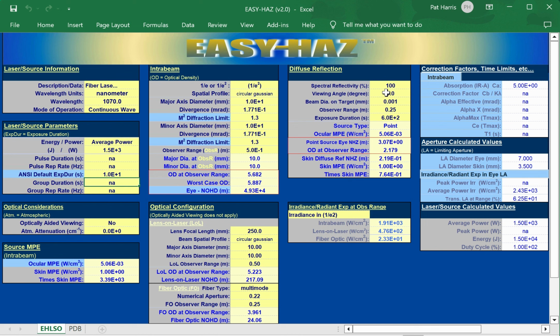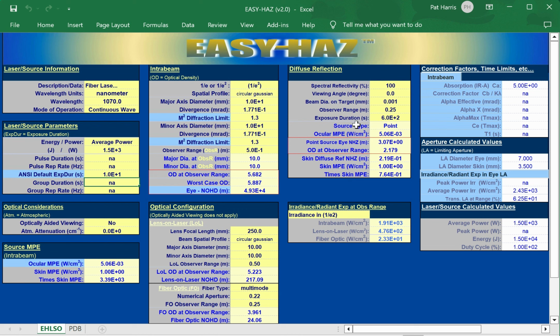So we're saying we're going to scatter 100% of the power off the surface that we're terminating the beam on. We're going to have a direct viewing angle of 0 degrees, and we're going to put a really small beam on target so that we get a point source diffuse reflection.